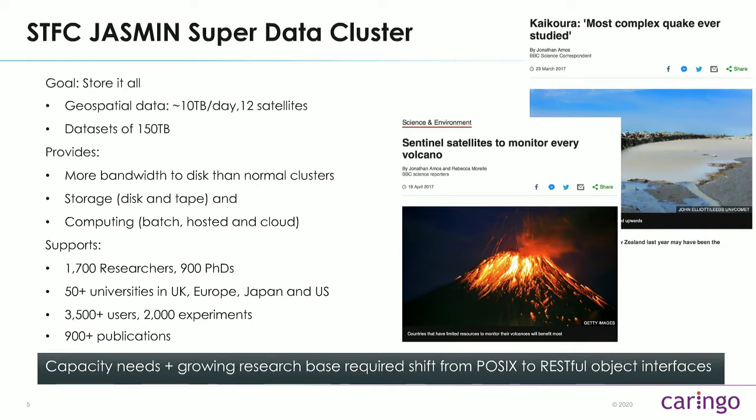This cluster provides both computing and the storage to support more than 3,000 users in 50 universities around the globe. Through capacity needs and the growth rate, they demanded a shift from the traditional POSIX file system they were using to a true object storage solution where RESTful interfaces can be leveraged. That was the whole point of providing a new object storage cluster for this JASMIN super data cluster.